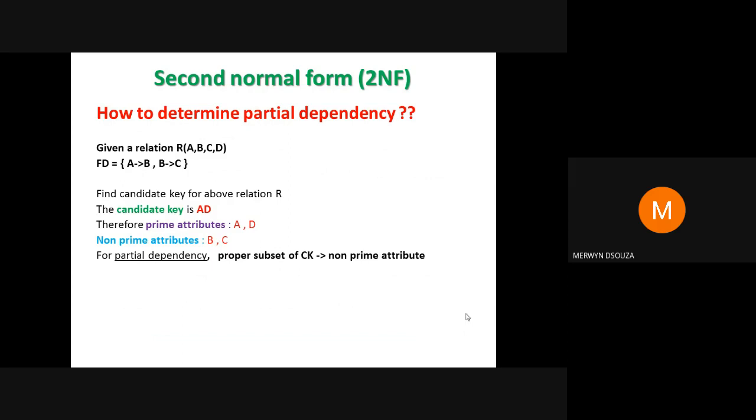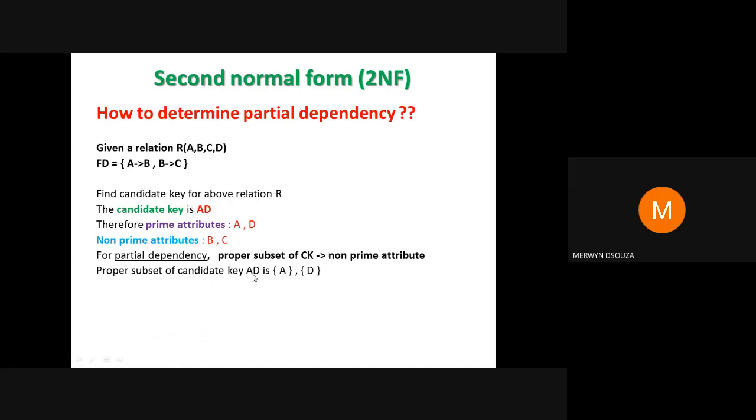Now, to check for partial dependency, you need to check whether a proper subset of the candidate key determines a non-prime attribute. What I mean by that is, first of all, find the proper subsets of the candidate key.